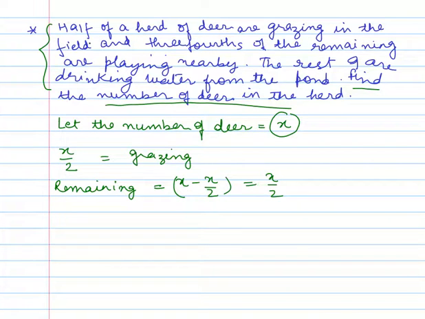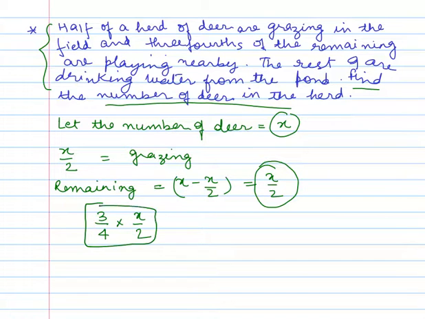And 3/4 of the remaining, so 3 by 4th of the remaining, which is x by 2, are playing nearby. So this number of deer are playing nearby, right?